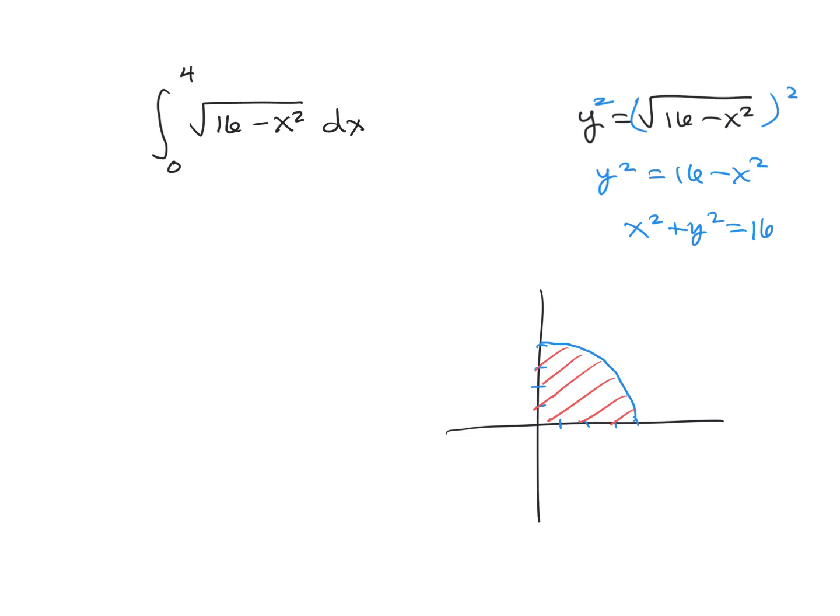And it should be pretty obvious to us that that circle has a radius of 4 units because it's passing through 4 on the x-axis and it is centered at the origin. So our integral is going to be equal to 1/4 of pi times the radius, which is 4 squared. So that's 1/4 of 16, which is actually going to be just 4 times pi. So that integral is actually 4 pi without doing any heavy lifting with calculus.